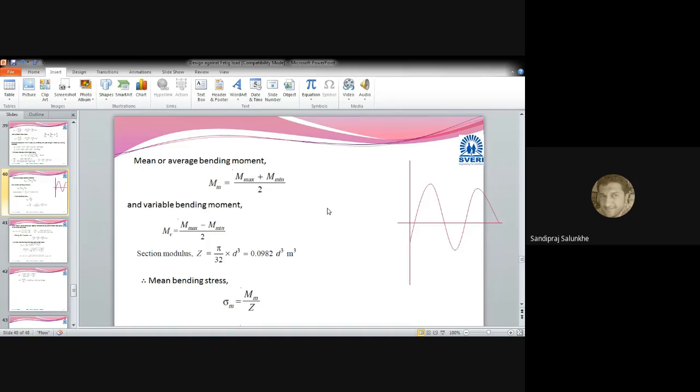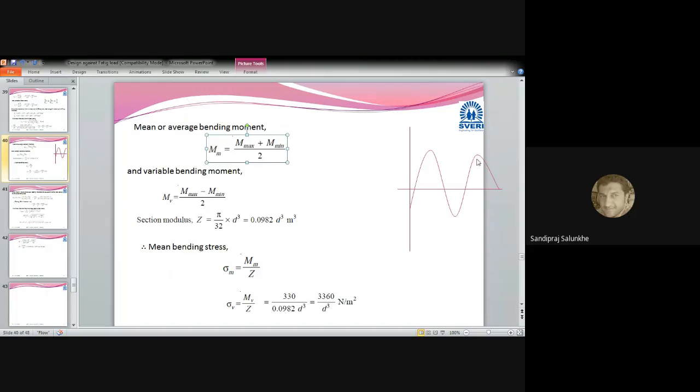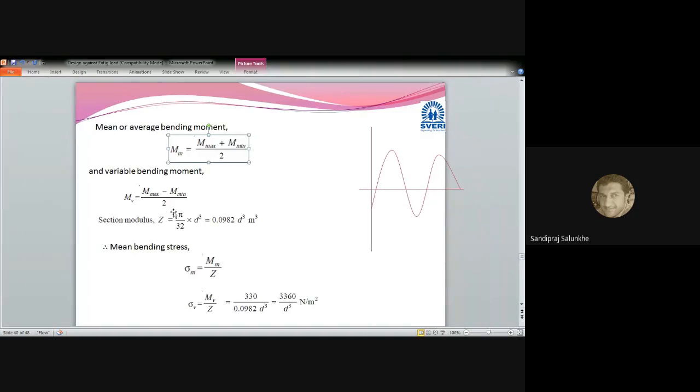Aaptap, what mean bending moment you have got? Aaptap Sheikh. Yes, sir. Have you got this answer? Wait, sir. Okay. Nana Sahib Shinde, till you calculate this mean, we'll copy from Aaptap this value.